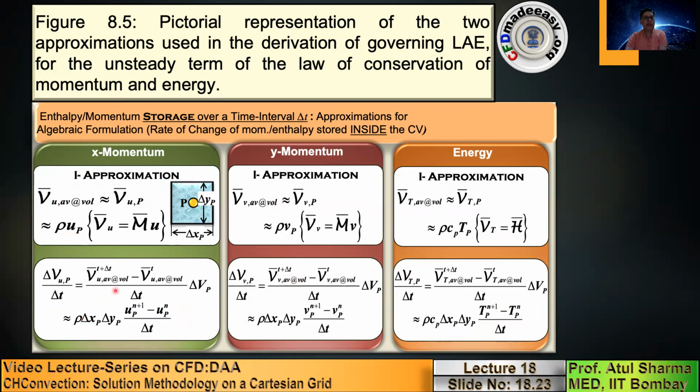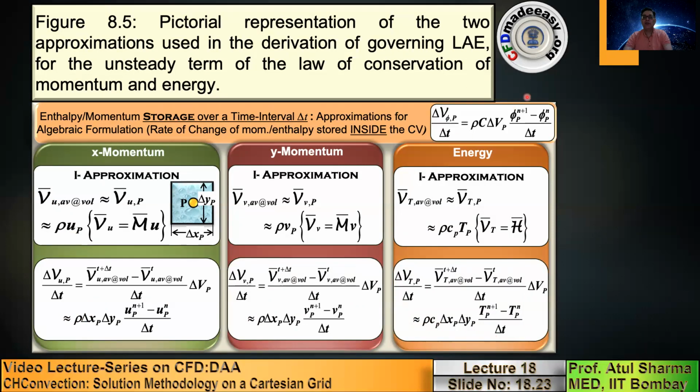This is the approximated linear algebraic formulation of the unsteady term. This is the approximated linear algebraic formulation for the unsteady term of y momentum, where this is the rate of change of y momentum stored inside the control volume. This is the rate of change of enthalpy stored inside the control volume.